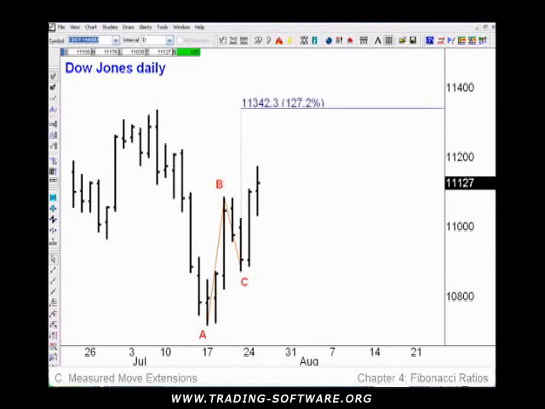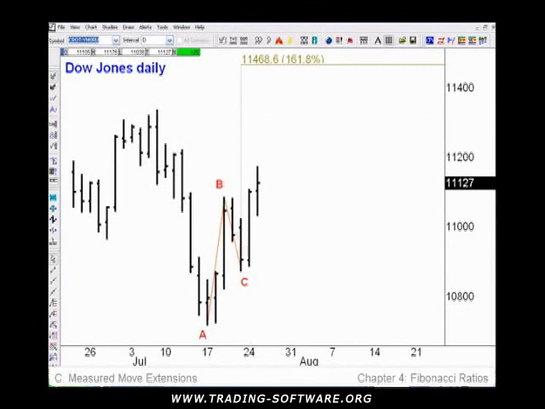The 127% measured move extension is pretty much the bread and butter in terms of measured move extensions. I see a lot of point D's reacting at this Fibonacci measured move extension level. Here is the extreme 1.618 measured move extension off of C. Now this one means that the market is a little bit overbought here, provided other things support a drop around that area.